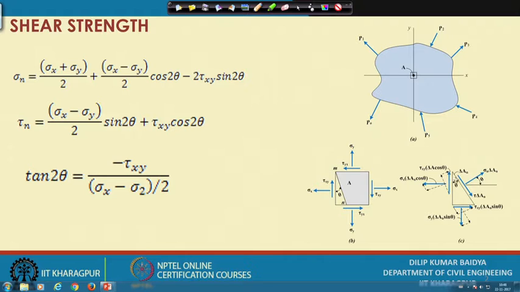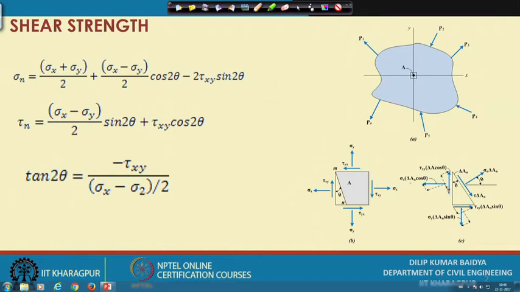So I have this area multiplied by the normal stress, sigma x A n cos theta. That is the normal force, and that normal force again I take the component in this direction, so another cos theta will come.